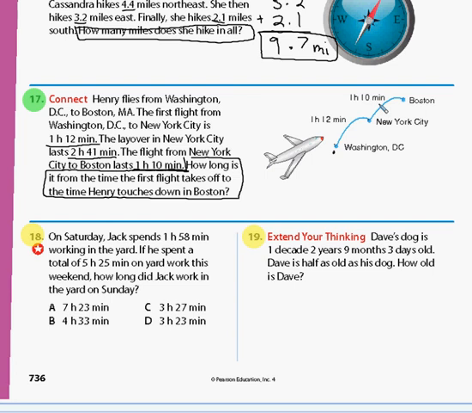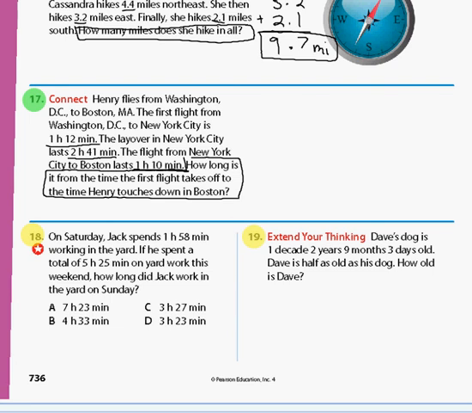So basically we need to add up 1 hour and 12 minutes, 2 hours and 41 minutes, and 1 hour and 10 minutes. So I'm just going to go ahead and work in that area right there where my picture is, so I'll block that out. Give me a little bit more workspace there.